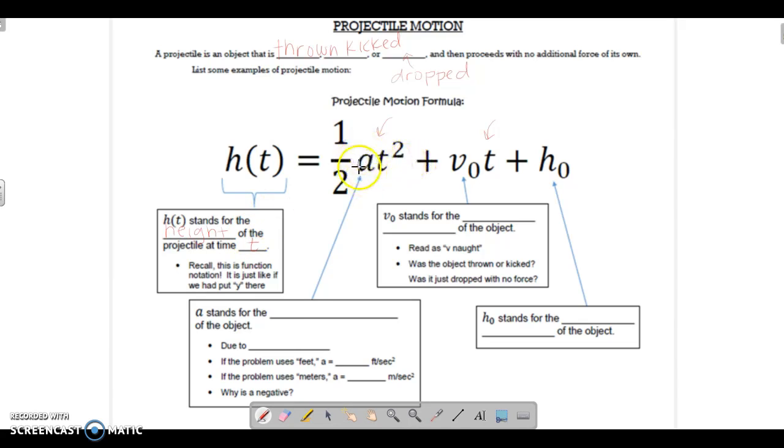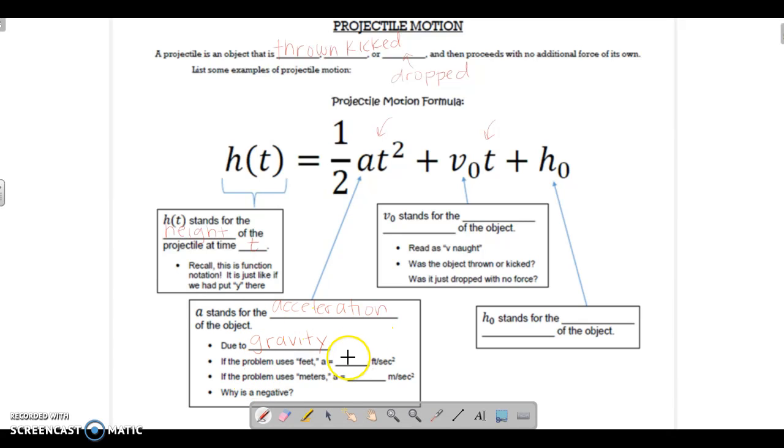A here, this stands for the acceleration of the object. Okay, and this is due to gravity. So gravity pulls an object back down to Earth, and it's going to make its height decrease. And we can use the same number for the acceleration on every single problem, depending on if the problem gives information in feet or in meters.